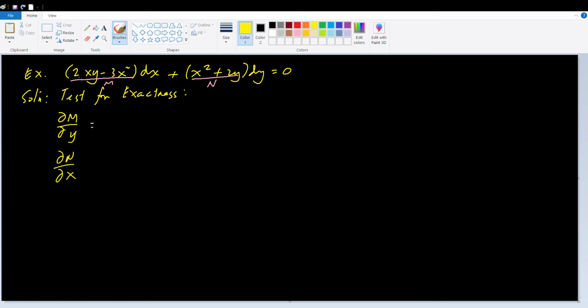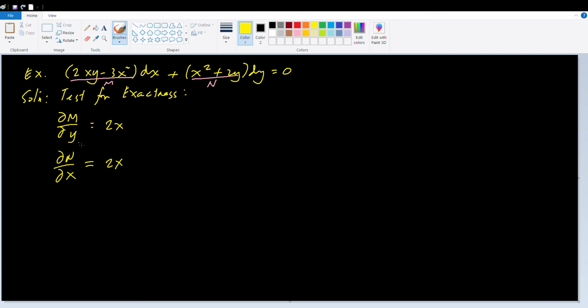So the derivative of 2y is 2, times x is 2x. 3x squared is a pure function of x, so its derivative with respect to y is 0. Now for the partial of N with respect to x, the derivative of x squared is 2x. 2y is a pure function of y, hence the partial derivative with respect to x is 0.